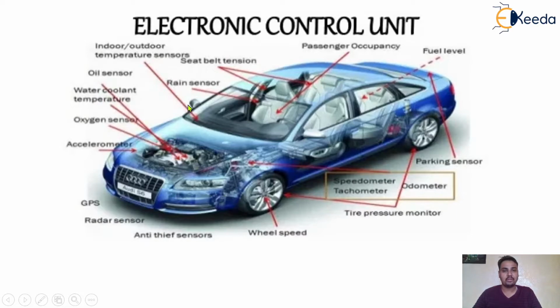Not only the engine, but also the driving system, power transmission mechanism, and braking system, along with these, the different electronic controls. You can see the fuel level indicator, parking sensor, odometer, speedometer, tachometer, tire pressure monitor sensor, wheel speed sensor, anti-theft sensor, radar sensor, GPS, accelerometer, oxygen sensor, water coolant temperature sensor, oil sensor, indoor or outdoor temperature sensor, seat belt tension sensor, rain sensor, and passenger occupancy sensor.